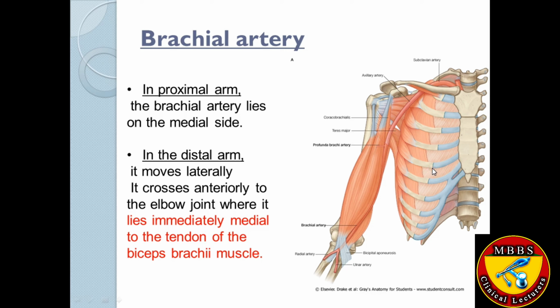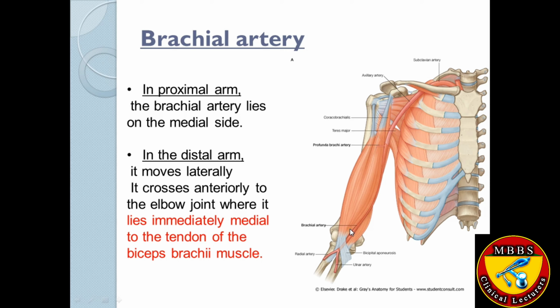The course of the artery. Now look into the figure. In the proximal arm, the brachial artery lies on the medial side. In the distal arm, it moves slightly laterally.